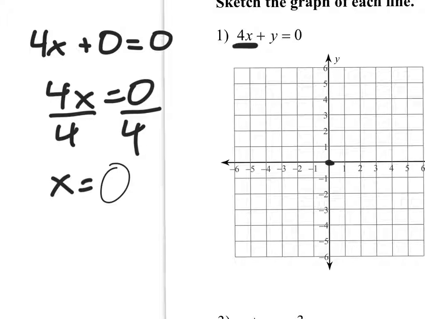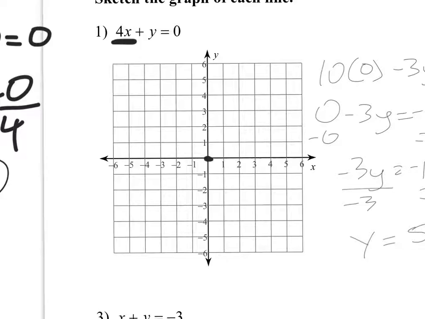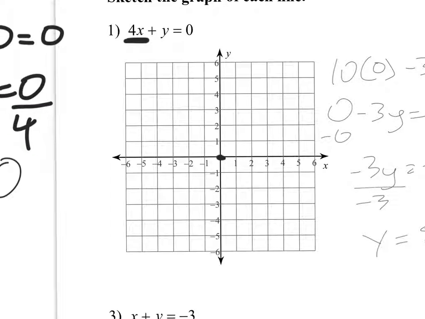We have an issue here, because do you see how my x-intercept, which is along my x-axis, is also along my y-axis? I just plotted both my x- and y-intercept because it's on both axes.